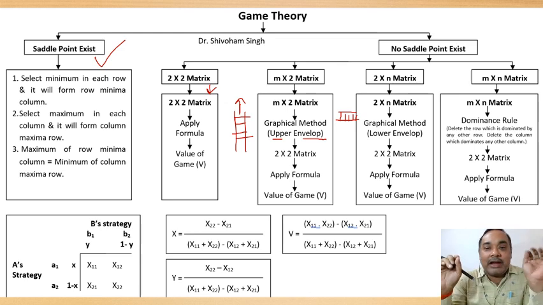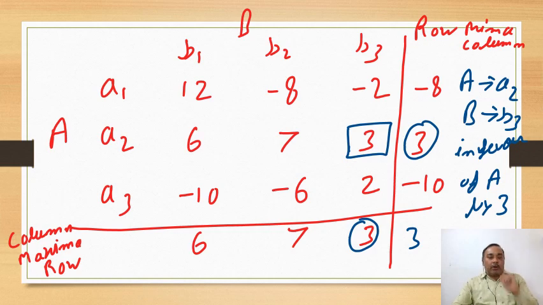First, select the minimum from each row. Just take the same example which I have discussed with you. A has 3 options, A1, A2, and A3, and B also has 3 options, B1, B2, and B3.